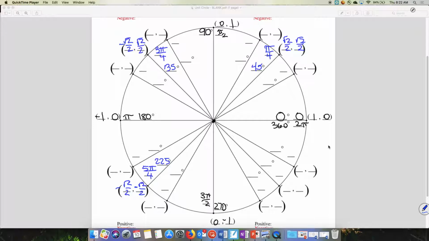So for our last one, if we place this triangle, we're now 45 degrees away from 360. 315. Okay. In radians, we are pi over 4 away from 2 pi. 1/4 pi away from 2 pi. 7 pi over 4.